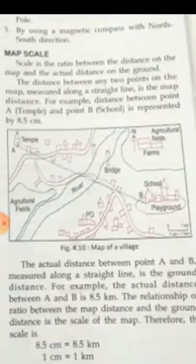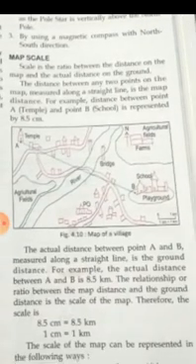So it is shown 8.5 centimeter is equal to 8.5 kilometer. The actual distance between point A and B measured along a straight line is the ground distance. For example, the actual distance between A and B is 8.5 kilometer. The relationship or ratio between the map distance and the ground distance is the scale of the map.